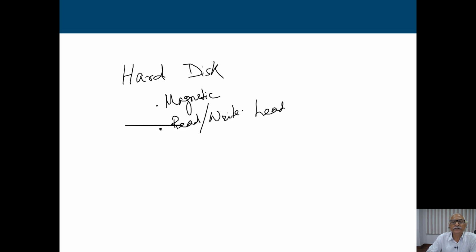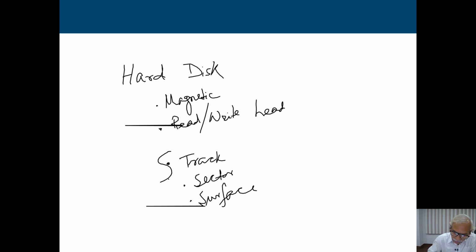To organize our data, we format the disk. When we format the disk, it is formatted into tracks, and every track is divided into sectors. We also have several surfaces. So with the help of this information, now we can identify a particular sector and we can retrieve information from it, or write information in it.